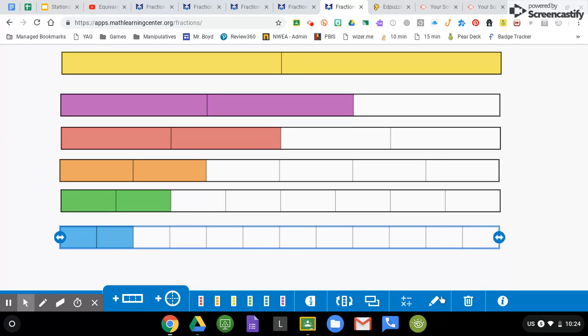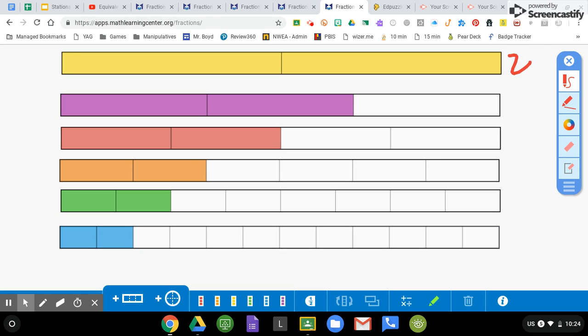But what are these fractions? Well, in yellow, I've got 2 shaded out of 2 total, that's 2 halves. In purple, I've got 2 shaded out of 3 total, that's 2/3. In red, I've got 2 shaded out of 4 total, that's 2/4. That's total, not turtle. Alright, in orange, I got 2 shaded out of 6 total.